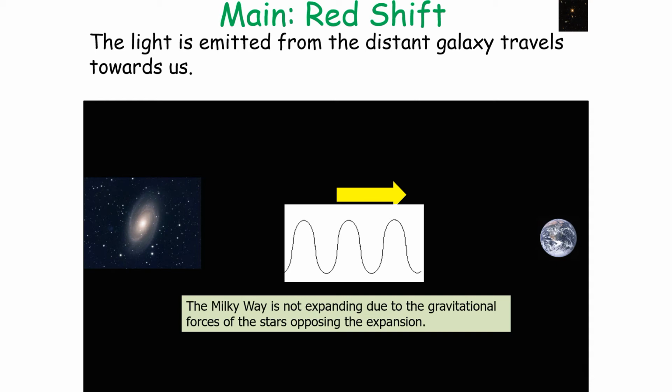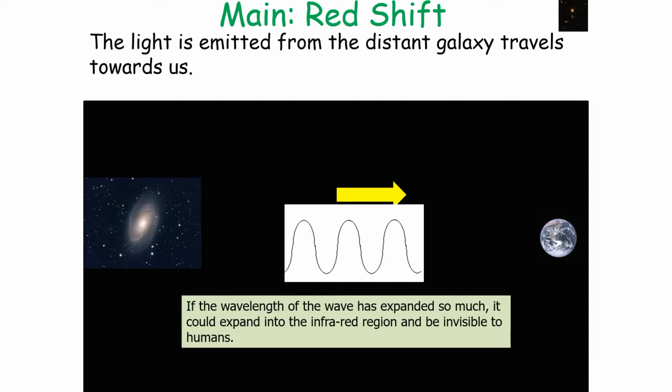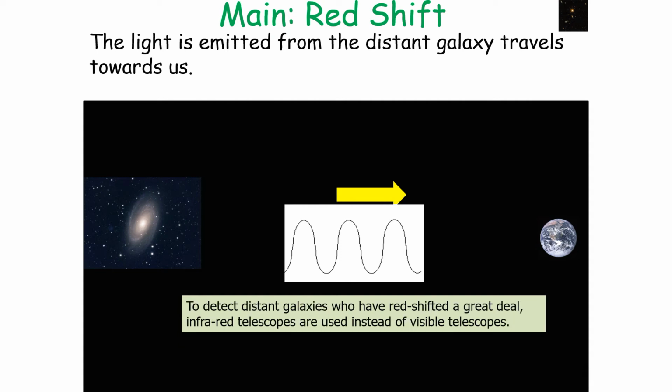It has to be the light of distant galaxies, as that light or radiation has travelled through the voids of our universe. Now, if the wavelength of light has expanded so much, it could even expand into the infrared section and be invisible to humans. So actually, to detect distant galaxies who have their emission redshifted a great deal, infrared telescopes are used instead of visible telescopes.